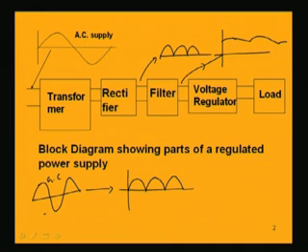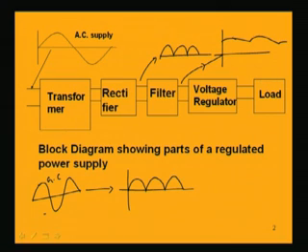But this DC, after we get from the filter circuit, will not be constant against variation in the supply voltage at the input, or the current drawn by the load, because we are giving this output voltage from the filter circuit, that is a DC voltage, to our load which we want to drive with this voltage.